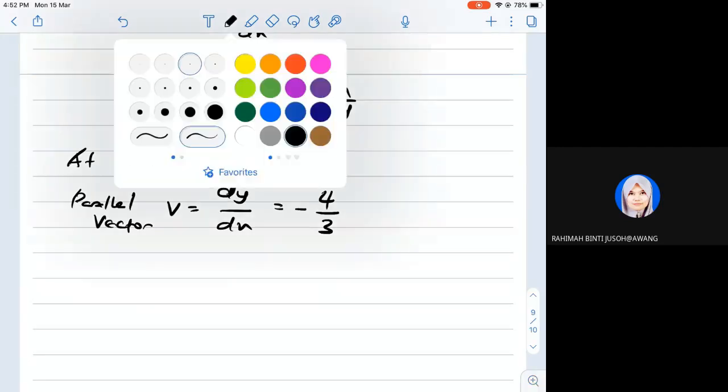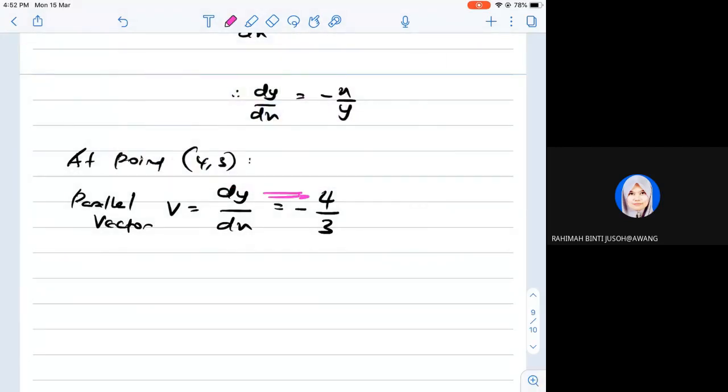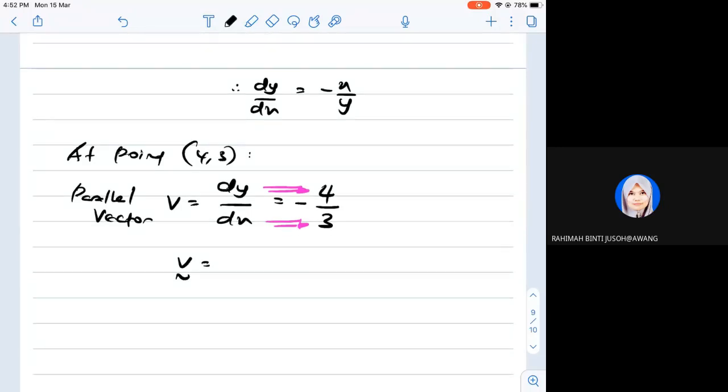Oops, sorry. So 4 is in the y direction, y equals 4, and for the x direction is 3. So v equals, with i and j, y is 4, x is 3.